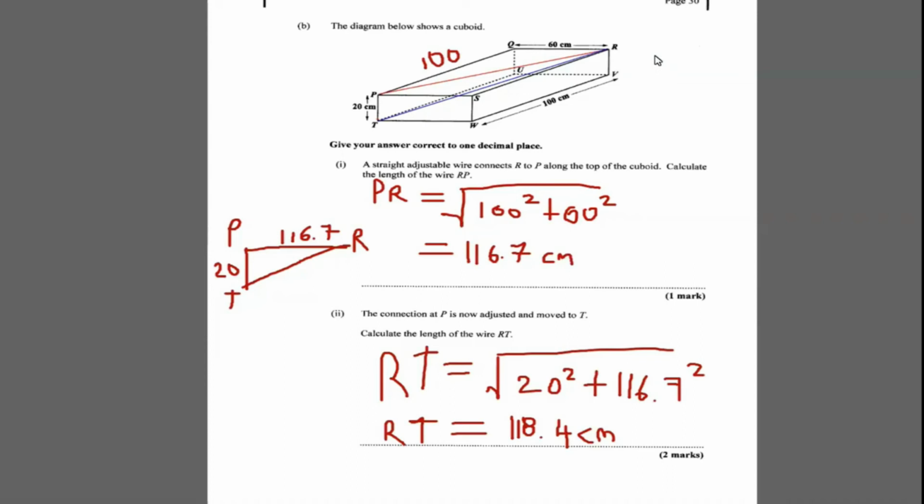I know what TR is in length, then I have RV, then I just need VT. All right, so this is T, this is R, and this is V. And what they want is angle TRV.